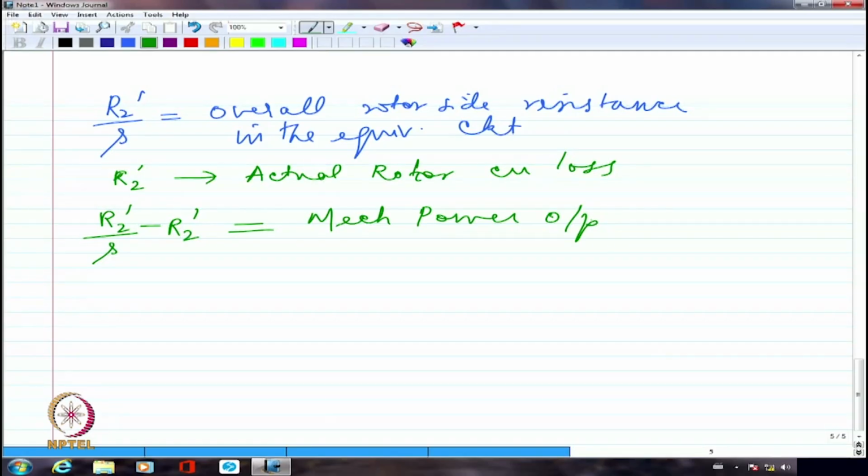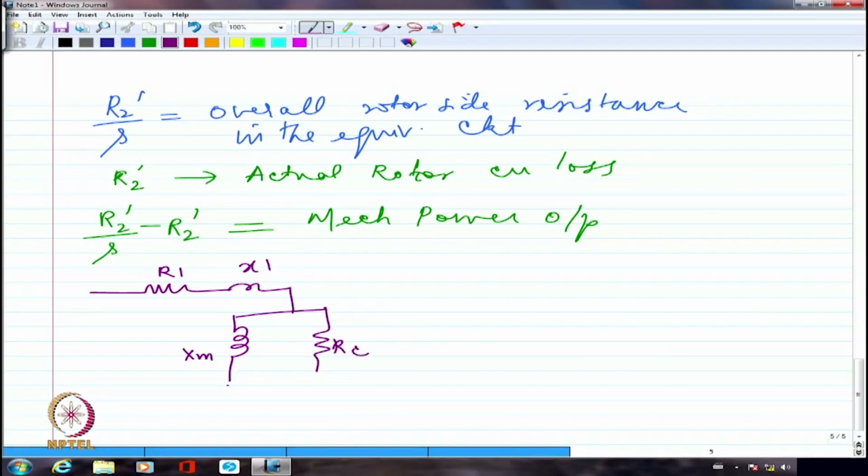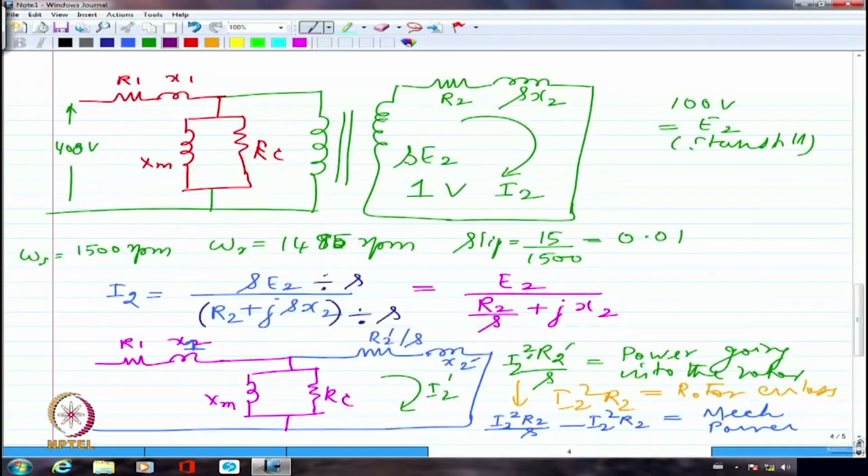That's all. So, I can draw now the equivalent circuit like this, saying that this is R1, this is X1, this is XM, this is RC. The total power that had come in was basically R2 dash by S multiplied by I2 dash square.